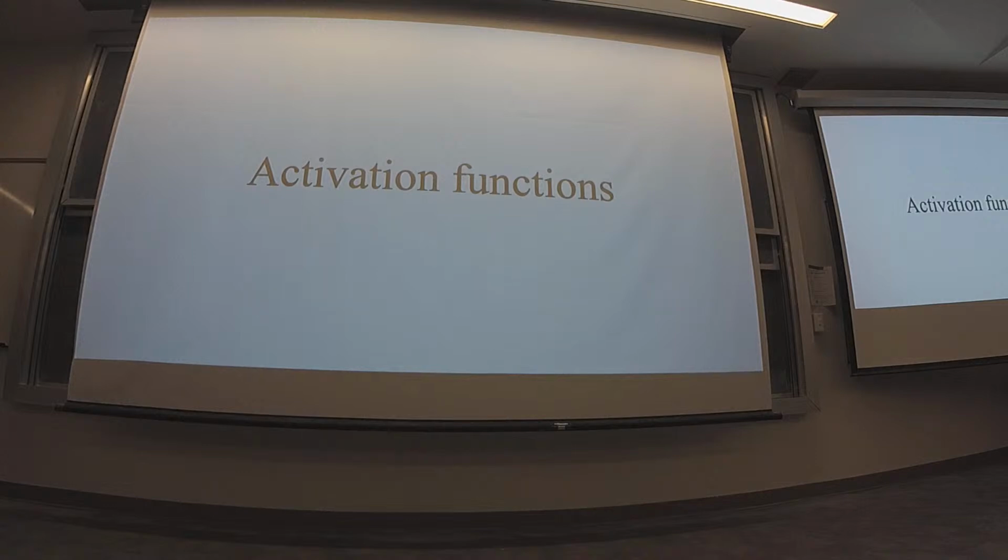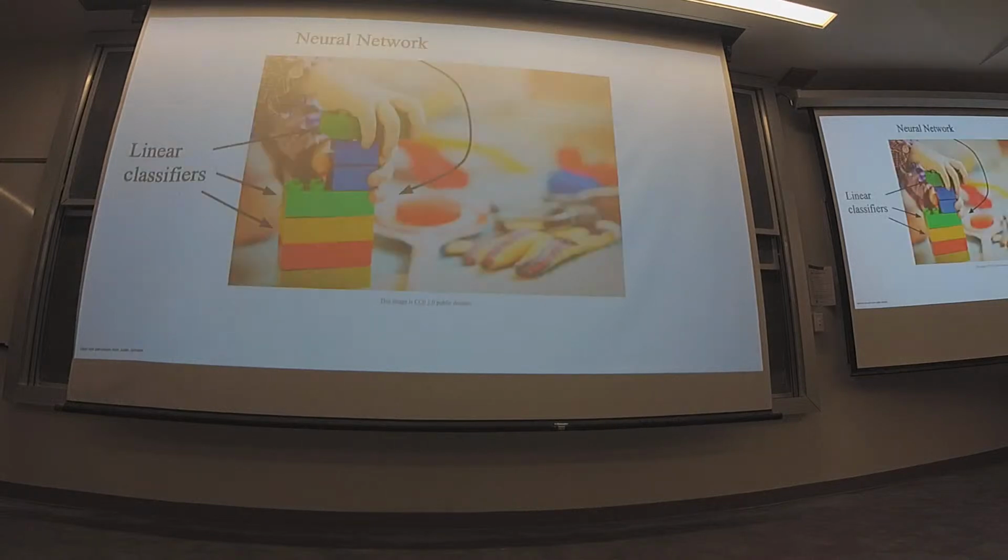So putting together layers of linear transformations with these activation functions. And then we're going to talk a little bit about the power of a 2-layer neural network. It's universal, right? It is in some sense universal.